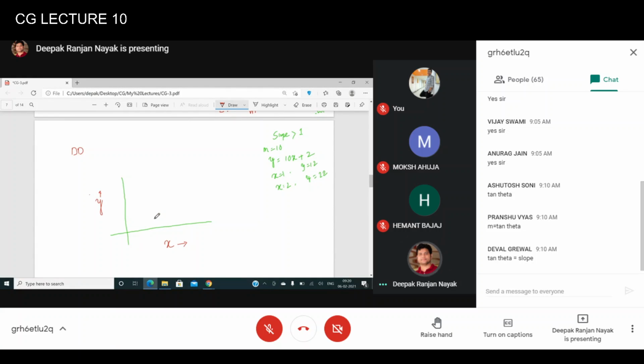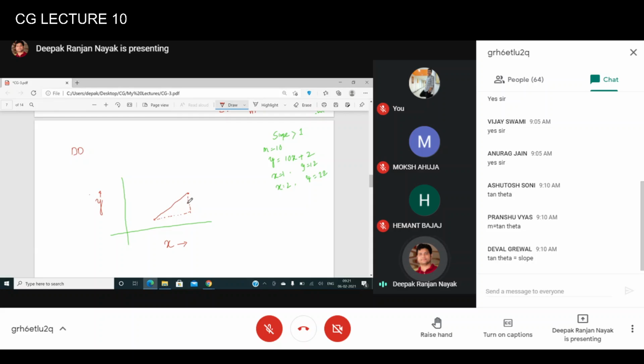So if my line is, let's say, like this, and I have two endpoints, one here and one here, then for this type of line the change in x is greater than the change in y. So who can say what will be the slope here? Will it be less than 1, greater than 1, or equal to 1?